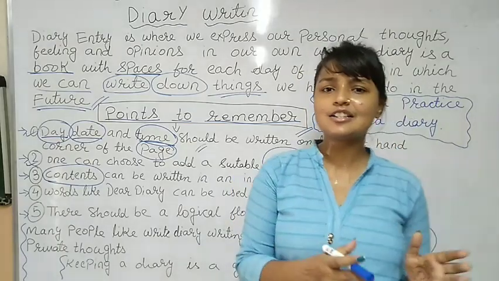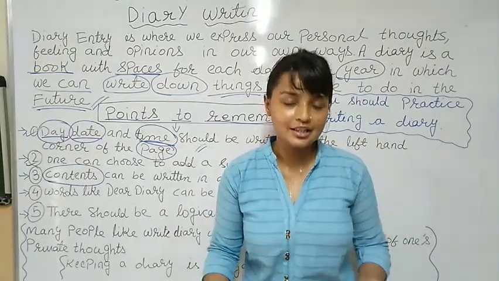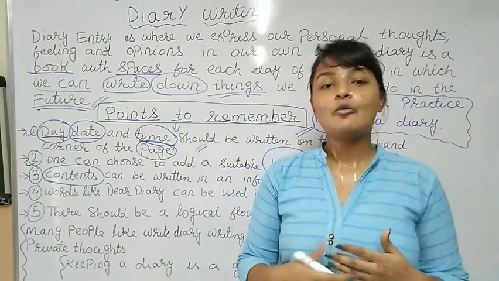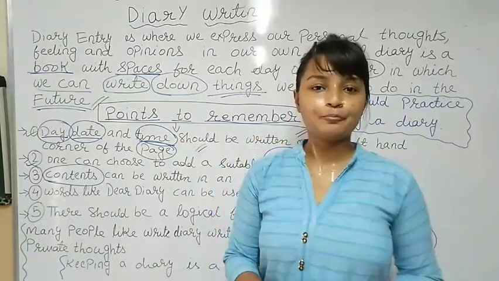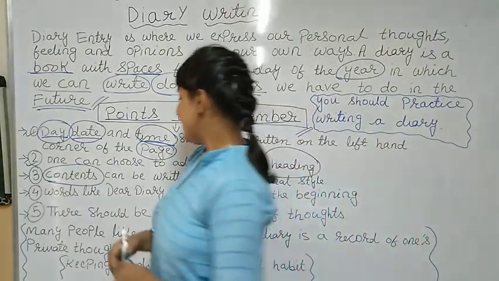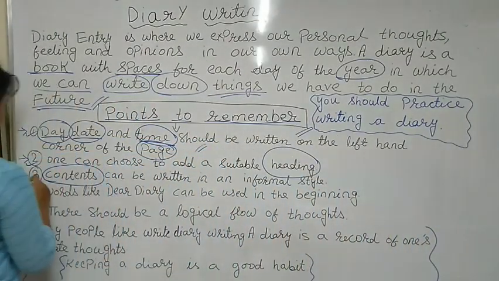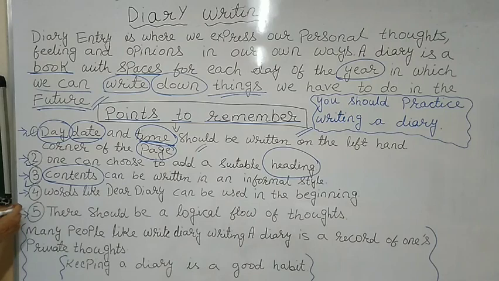So diary writing is also one type of memory that we reload whenever we read that portion one more time. Okay. So the contents are necessary, students. The third is complete. Now we will see the fourth one.